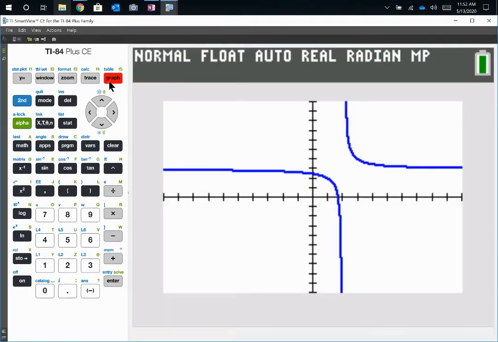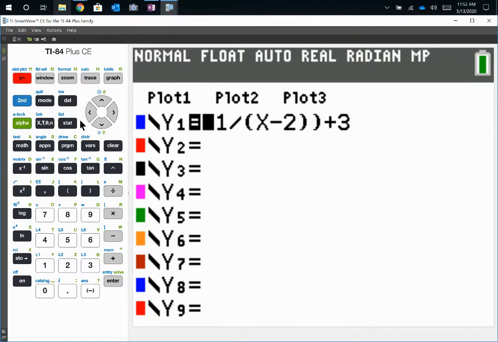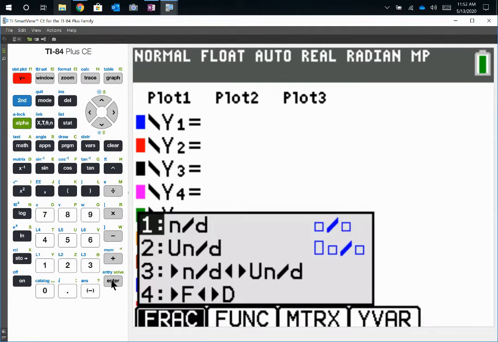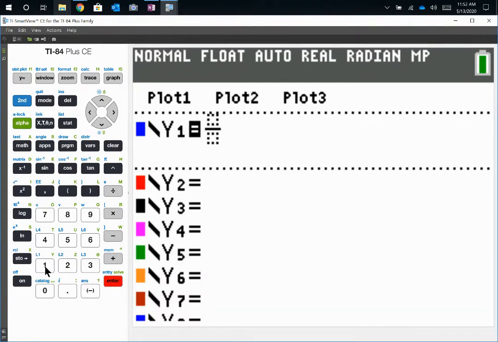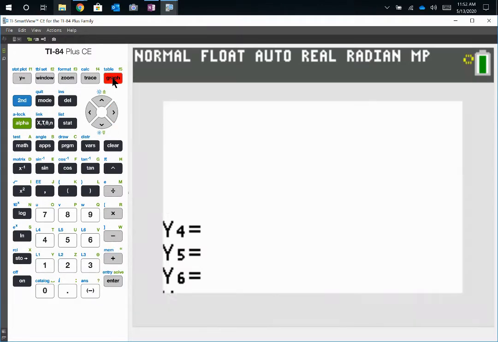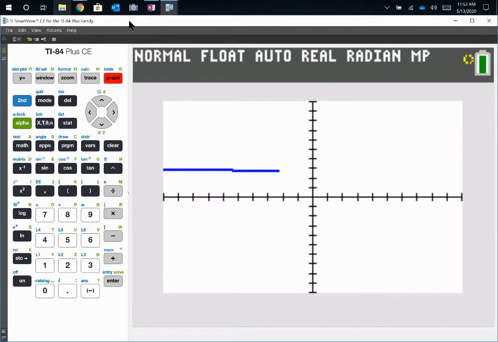Okay, that would be another way to do it. Or again, use alpha, y equals, and select number 1. Some calculators do not have this feature. That's why I showed you the second way as well.